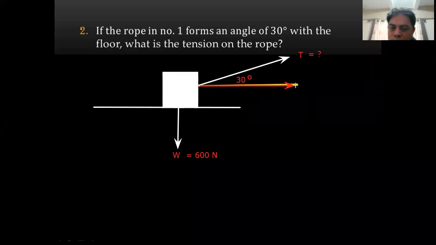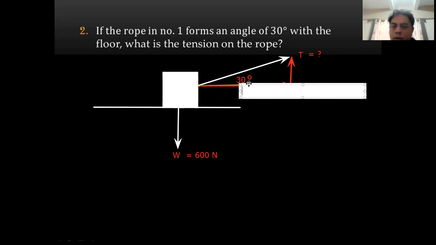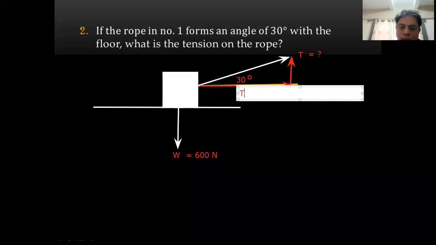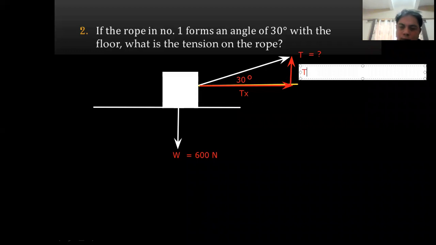One which is horizontal, and the other one which is vertical. Usually we label that as our horizontal component T sub x and the vertical component T sub y.